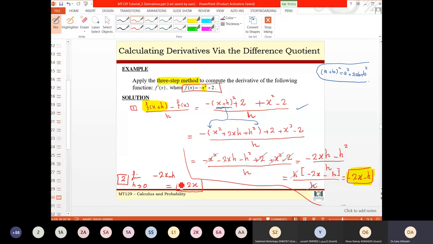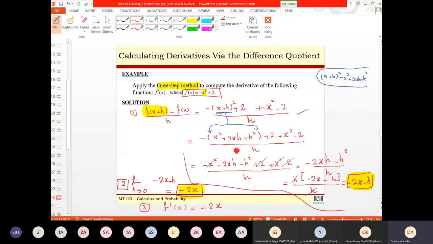Step number 3 is letting f dash x equal minus 2x, and this will be the result. So those are the 3 steps to find the derivative. Okay?